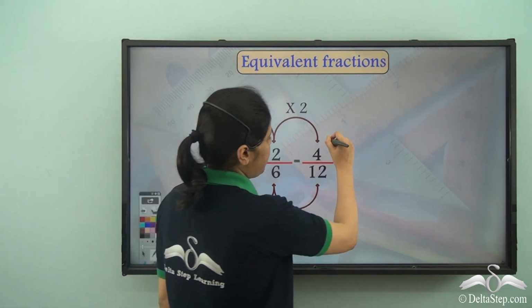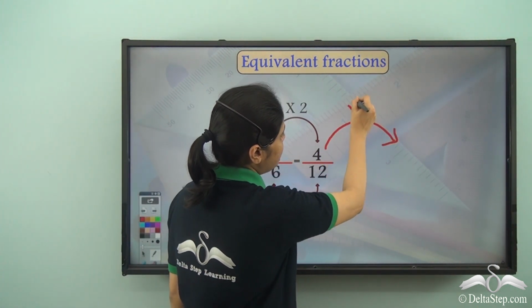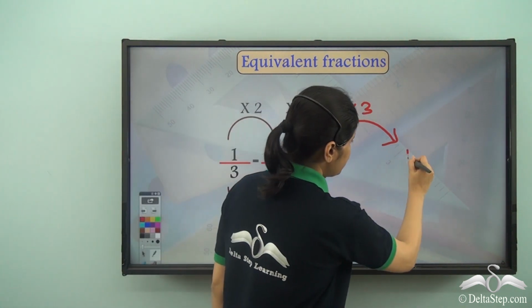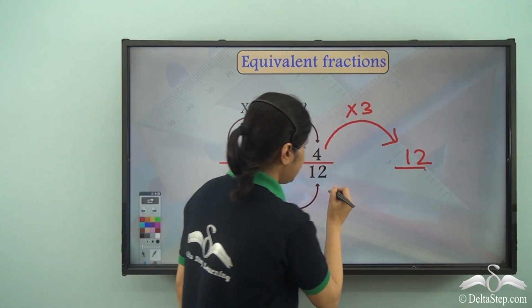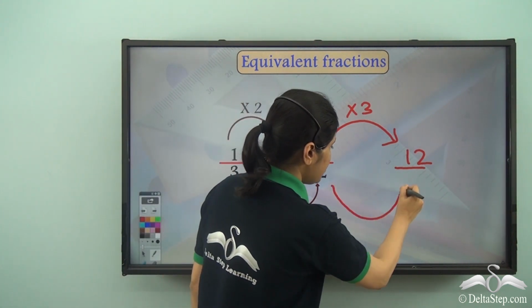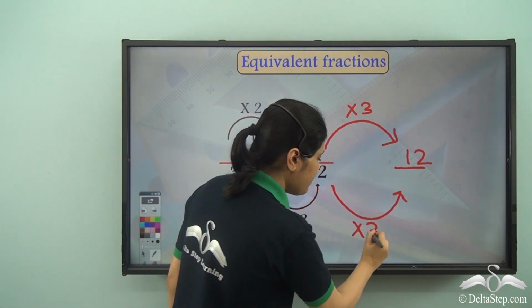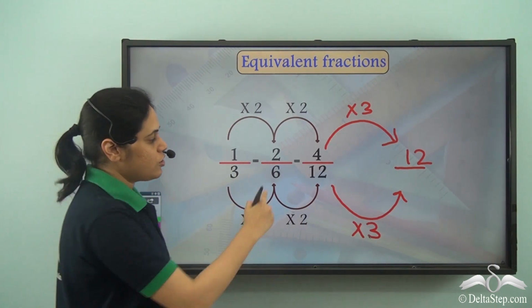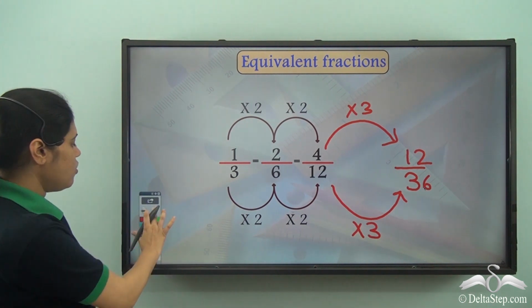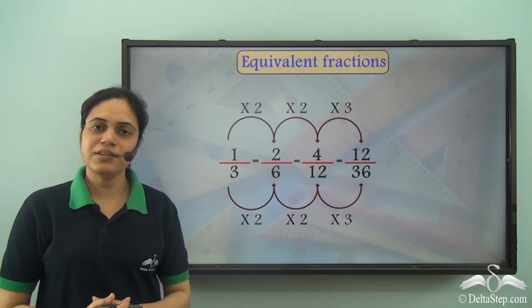So I can multiply with 3 as well. So 4 multiplied by 3 gives me 12. And in this case, since I multiply the numerator with 3, the denominator will also be multiplied by 3. 12 into 3 is 36. So this is 12 by 36.